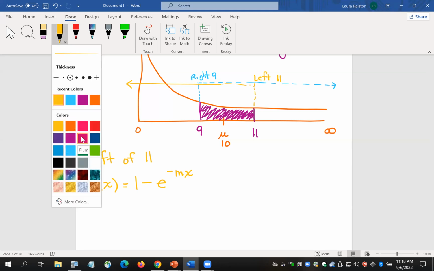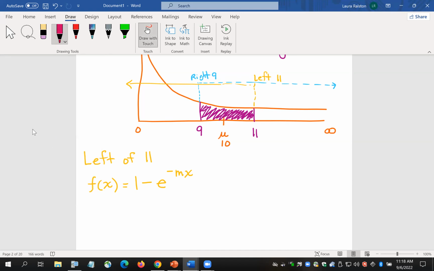I'm going to get a different color. So I would have f of 11. So I have 1 minus e to the negative, our decay parameter, which is the m, was 1/10, times 11. So I have 1 minus e to the negative 1.1.